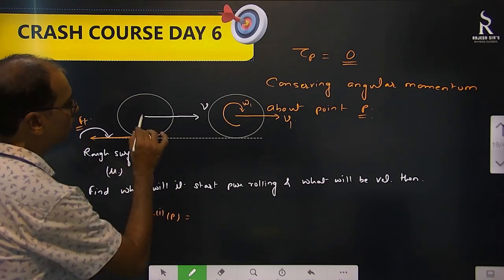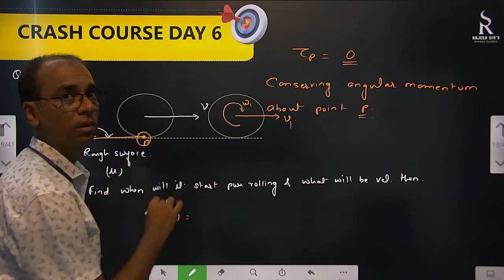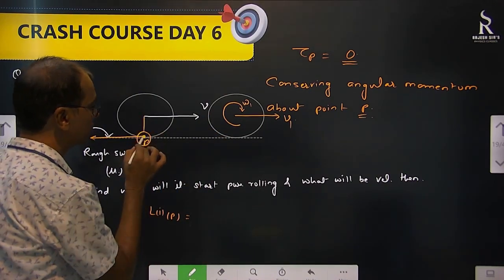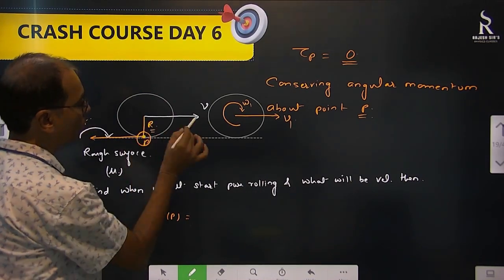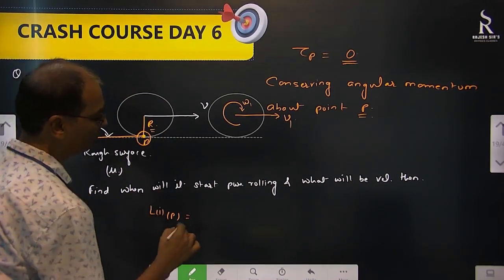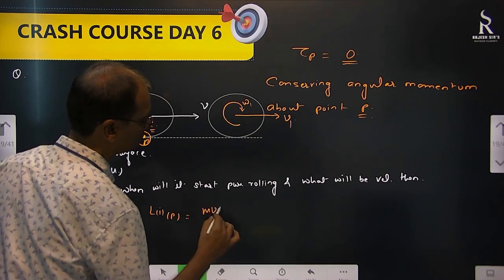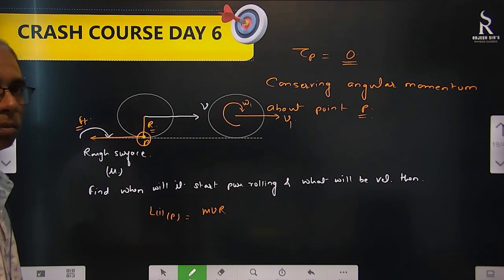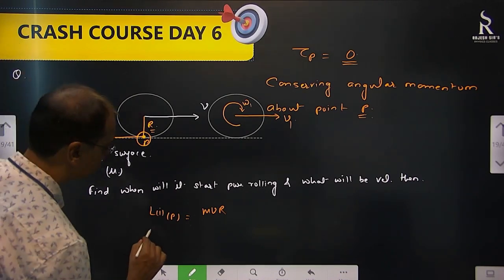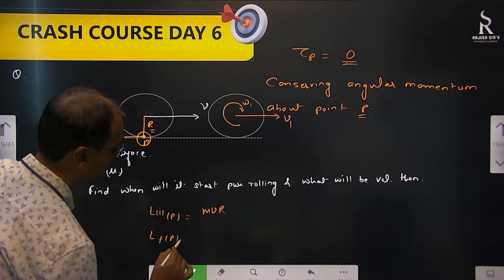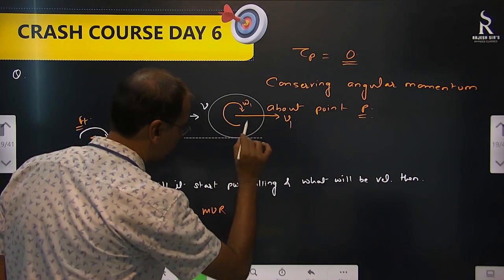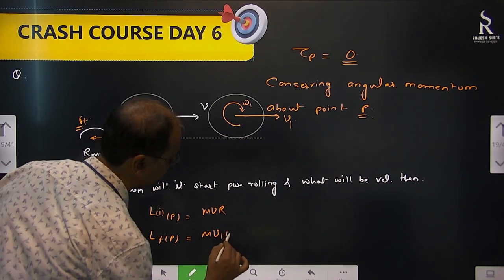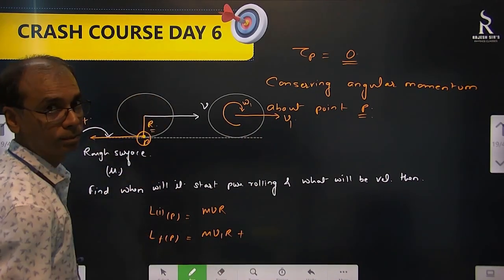It has only linear motion, no angular motion. About this point, this distance is R, so the angular momentum is MVR. That is the initial. Finally, it has omega also, it has V also. So we write MV1R plus I omega.